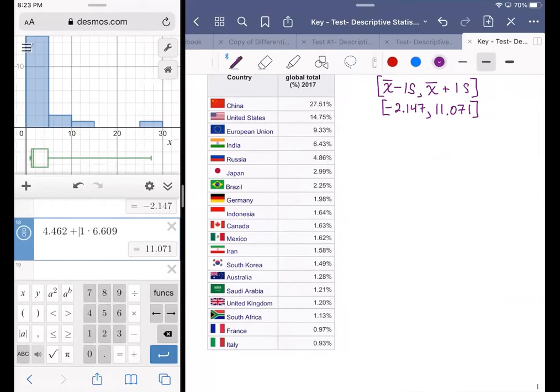Well, not the first two, but everything after that. 1, 2, 3, 4, 5, 6, 7, 8, 9, 10, 11, 12, 13, 14, 15, 16, 17 values out of 19 are in the interval.